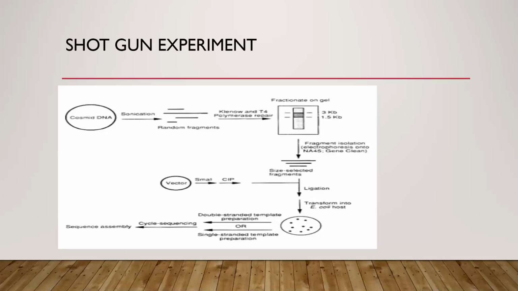It possesses a strong 3' to 5' exonuclease activity, but does not exhibit 5' to 3' exonuclease activity. T4 polymerase is a very useful enzyme in the DNA repairing process.